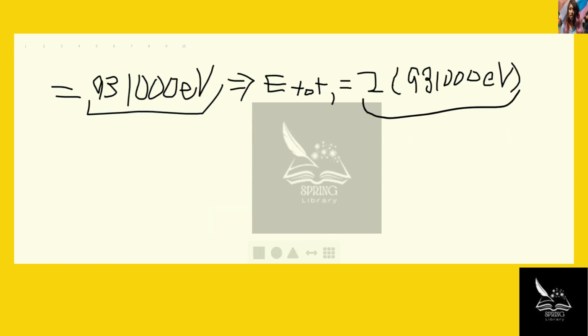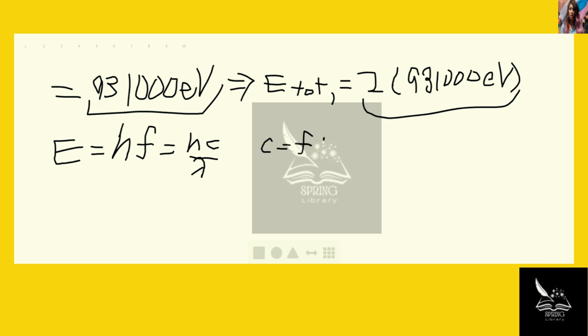To find the wavelengths, we have the photon energy, E equals hf, which is also equal to E equals hc over lambda. And we know that c equals f lambda for light in general. This is the equation we use because it gives us the wavelength.